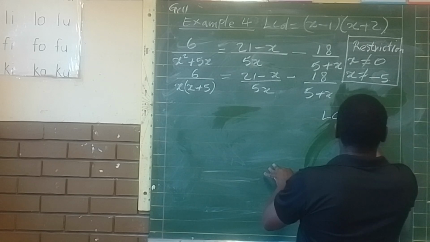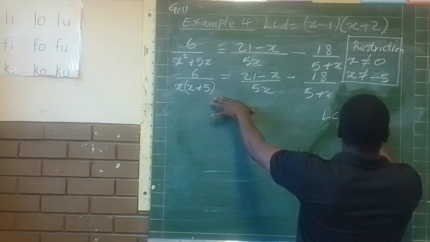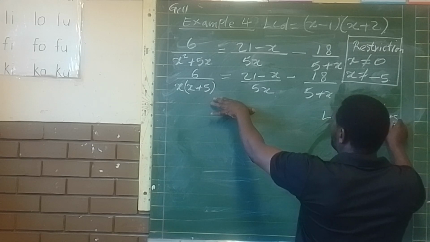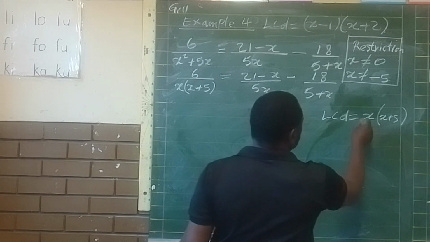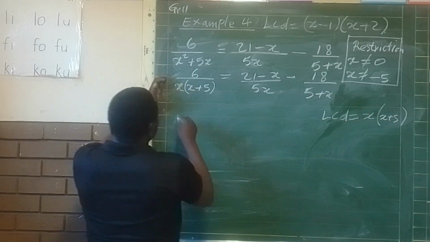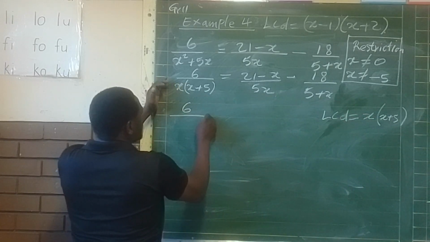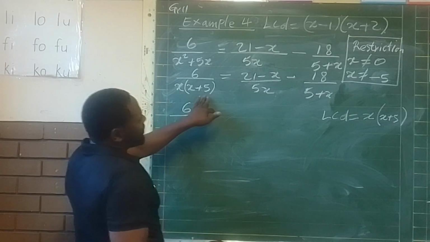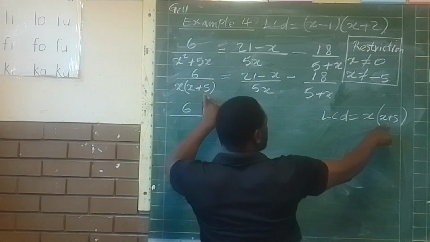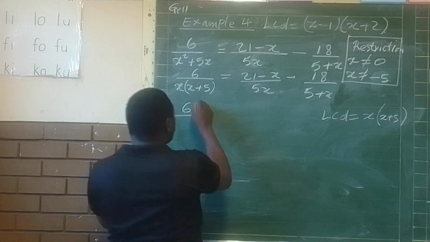LCD is equals to x plus 5. This is your LCD. Now, you say 6 into x and x plus 5 goes how many times into x and x plus 5? Goes once.